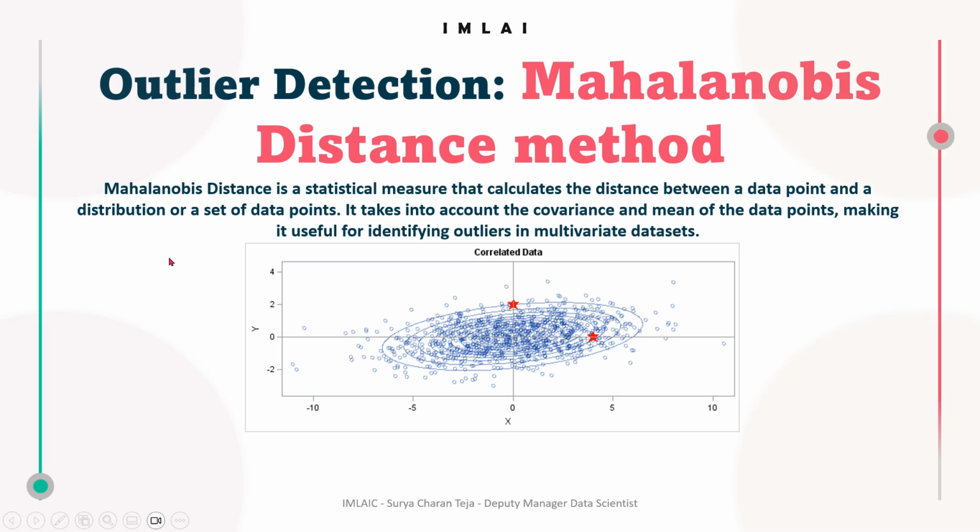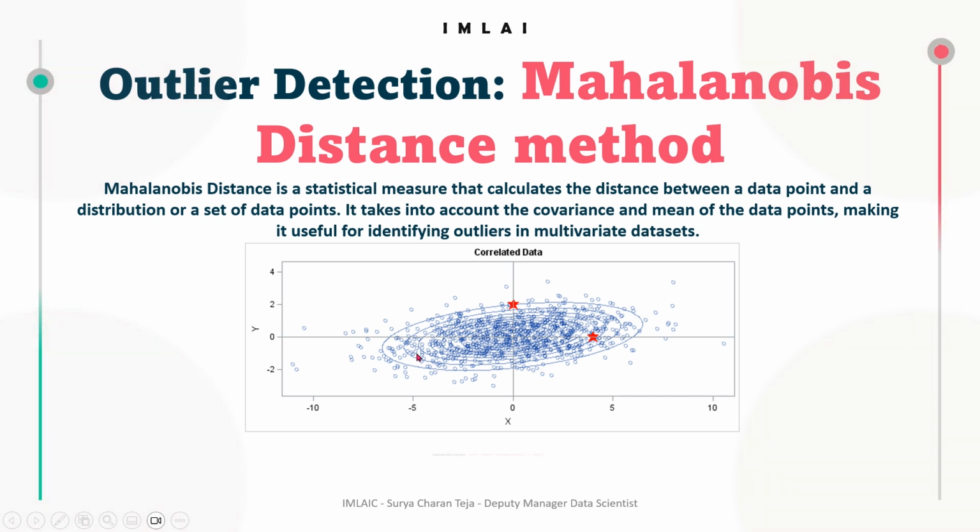So, Mahalanobis distance measures how far a data point, let's take this data point, deviates from the mean of a data set, taking into consideration the correlation between these two variables, and also the variance and covariance between these two variables.